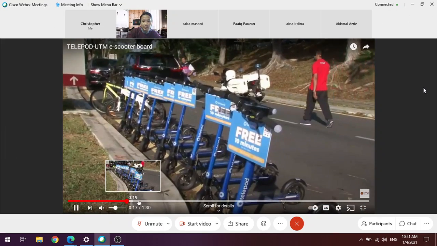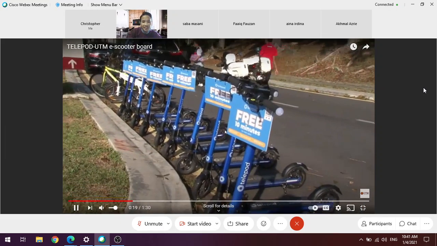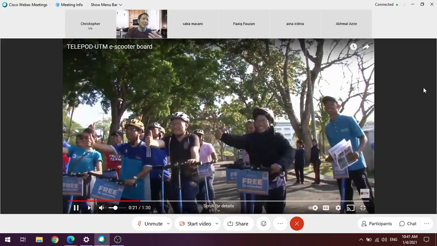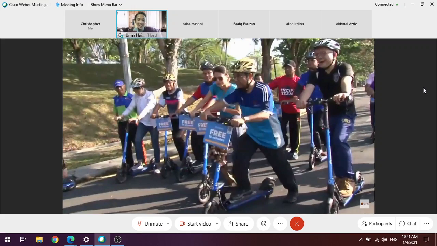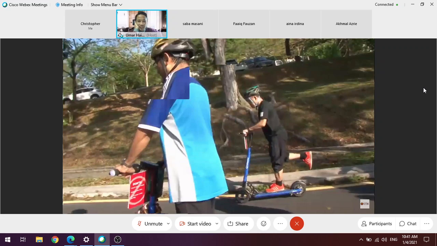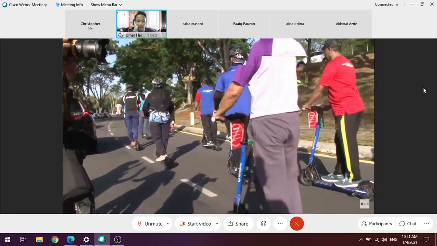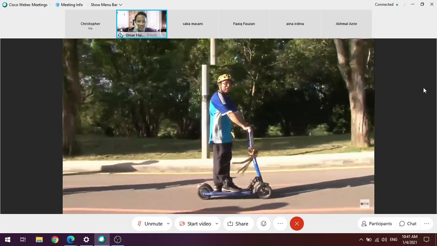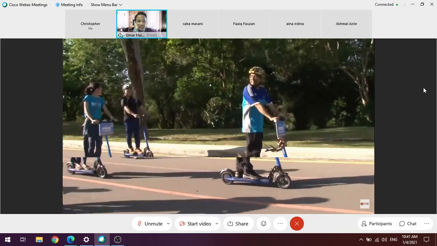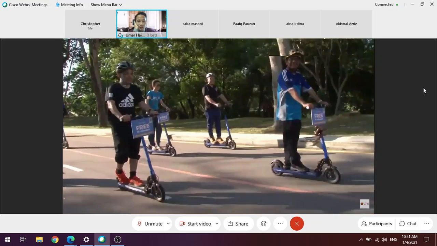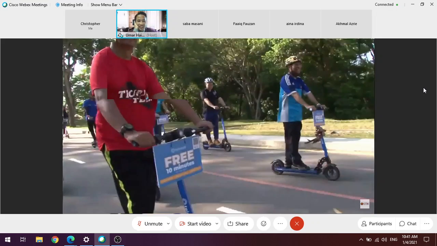Ni UTM ni 2019. Free 10 minutes. Saya nak tunjuk dekat you lah. So this is something that nampak during that time. Meriah ambil kamera semua kan, because we actually say that we want to create green campus.